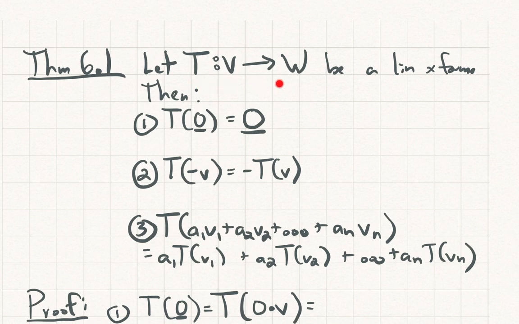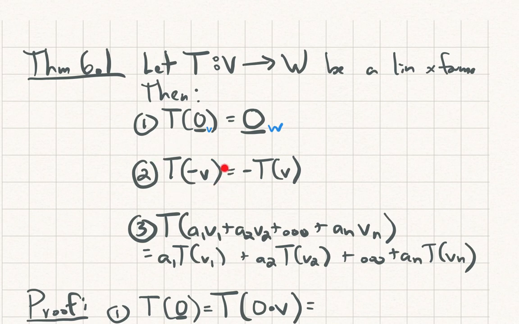So if we have a linear transformation, then these three things must hold. That if you take the zero vector in V and you apply the transformation to it, because remember, the transformation takes vectors in V and turns them into vectors in W, it must be that you get the zero vector in W.